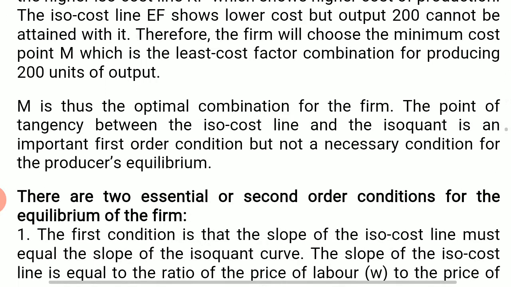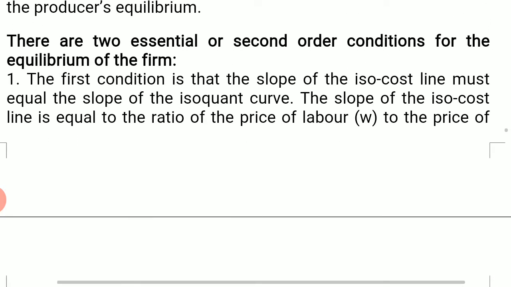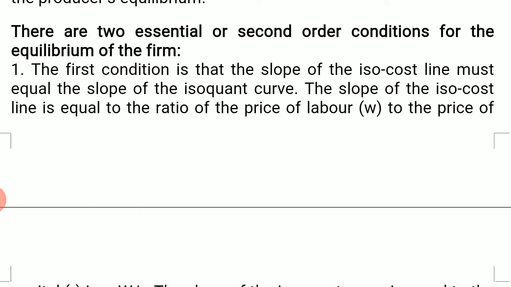Now, there are two essential or second order conditions for the equilibrium of the firm. One is that the slope of the isocost line must equal the slope of the isoquant curve.